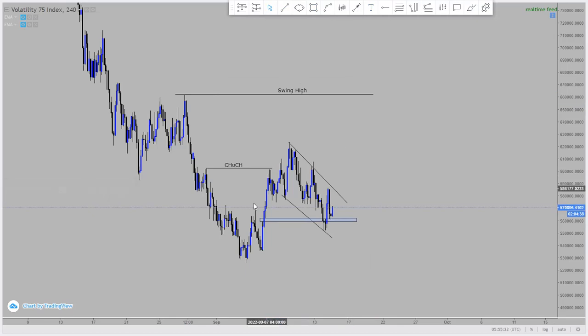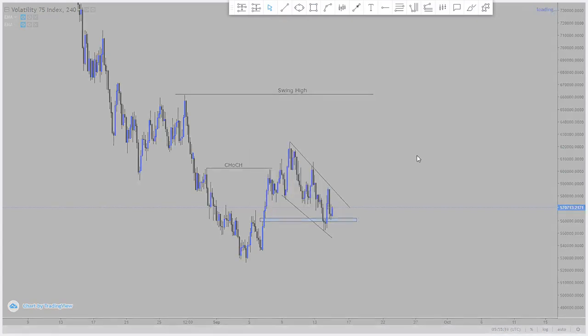Both according to a retail and institutional perspective, we are agreeing that this is a buying time for the VIX. The retail traders might be waiting for the break of this channel to buy further. But according to the institutional, we are already in buys based on this fair value gap here. We enter our buys, with the stop loss just below the fair value gap, targeting that swing high at the top there.